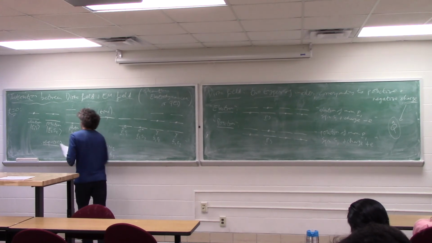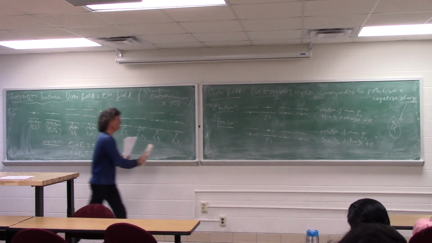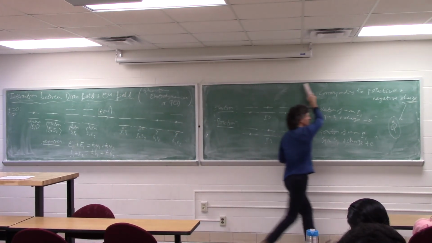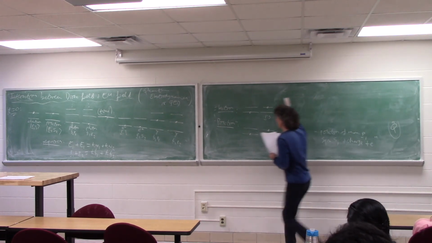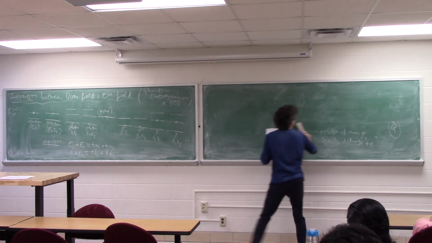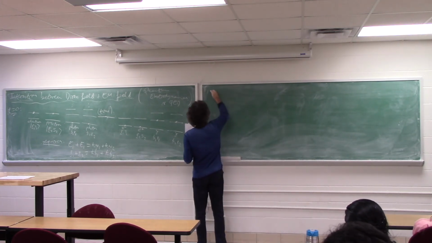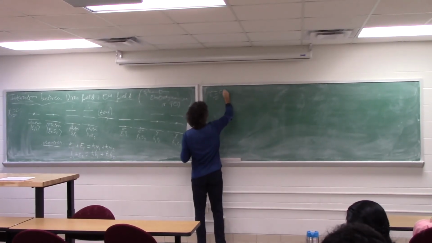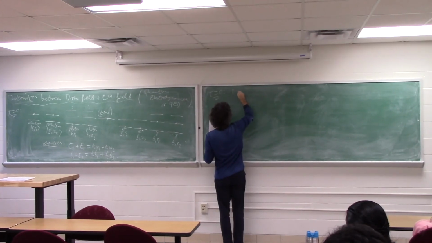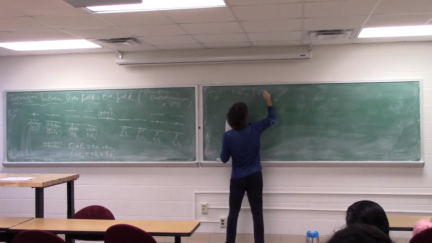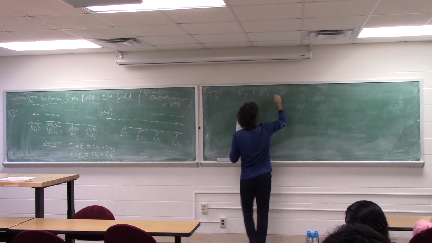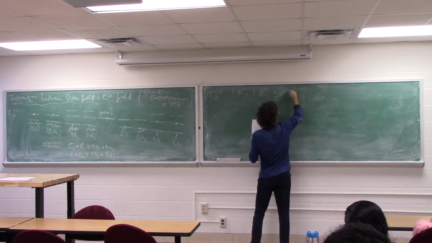But now, what is the interpretation of what happened here? At t is 0, we had one electron, one positron, and no photons.